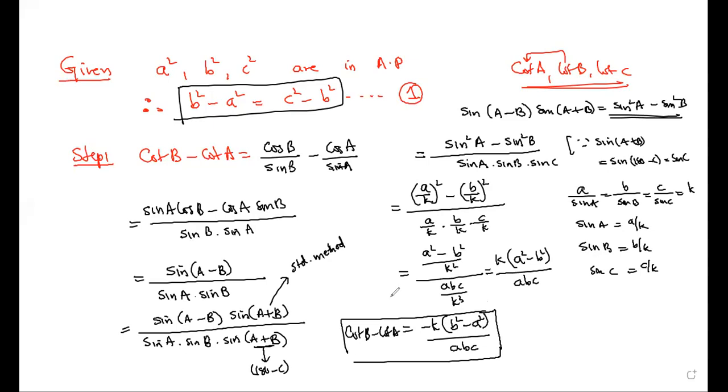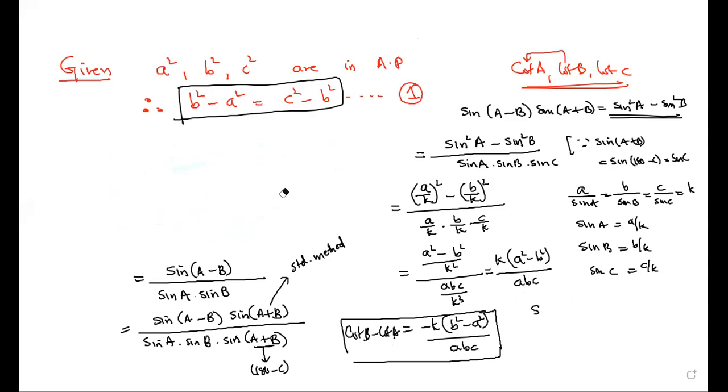Yes, sir. So B in place of B, A in place of A. So what will be similarly? Can I remove this left hand side? Yes, sir. Now you have to write similarly.